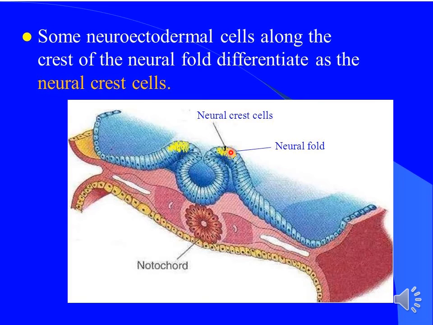Here, this is the site of the neural crest cells at the edge of this folding neural plate. This is the notochord, ectoderm, mesoderm, and the endoderm. This is the site of the intraembryonic mesoderm, which is connected with the extraembryonic mesoderm.